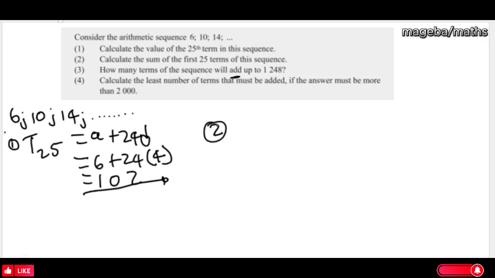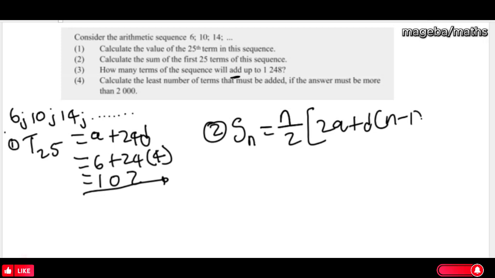Now number 2, it's saying calculate the sum of the 25th term of this sequence. So calculating the sum of the 25, remember this is arithmetic. Let's start by writing our equation: n over 2 into 2a plus d into n minus 1.